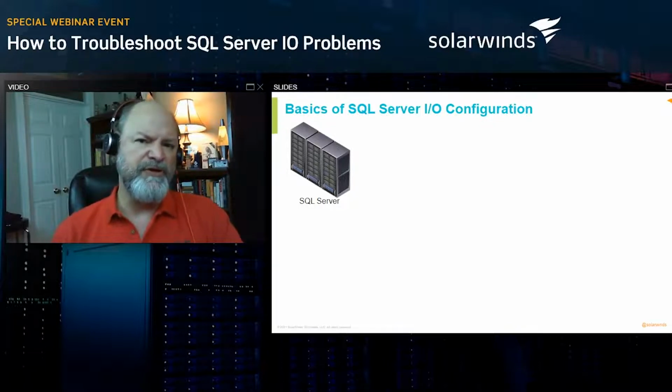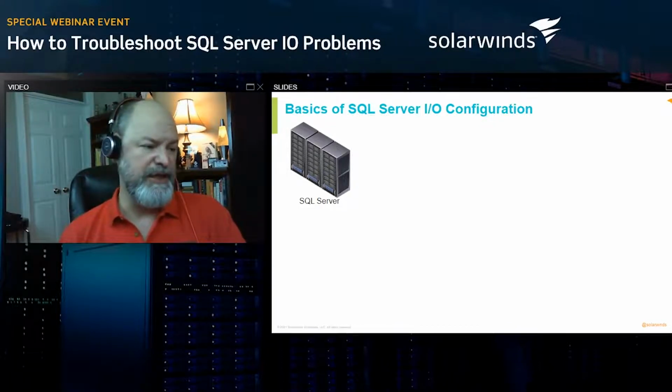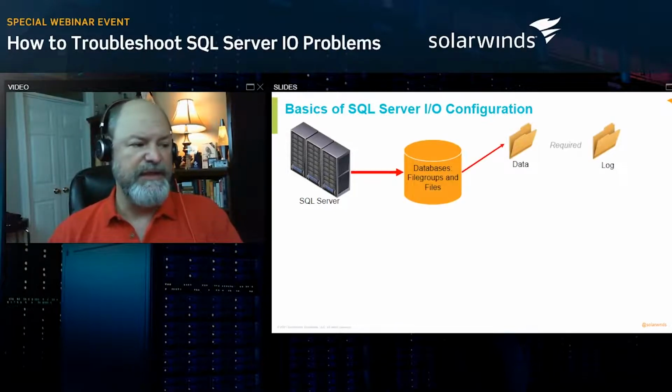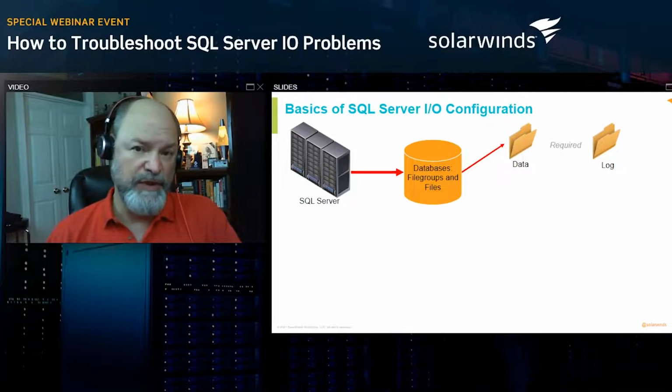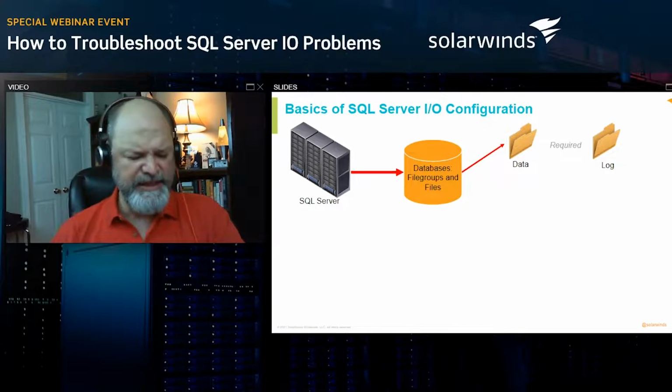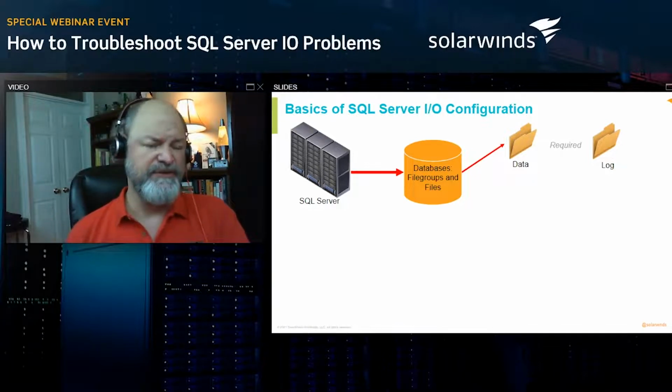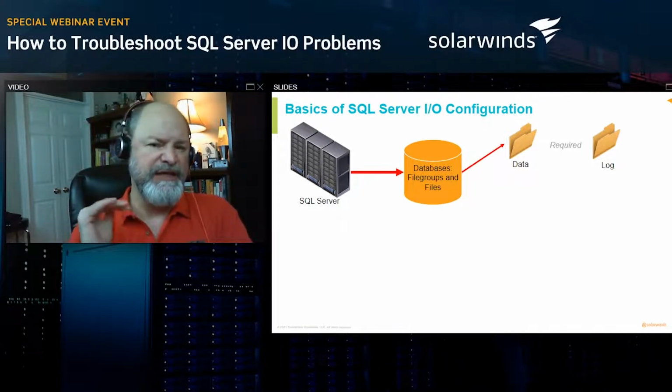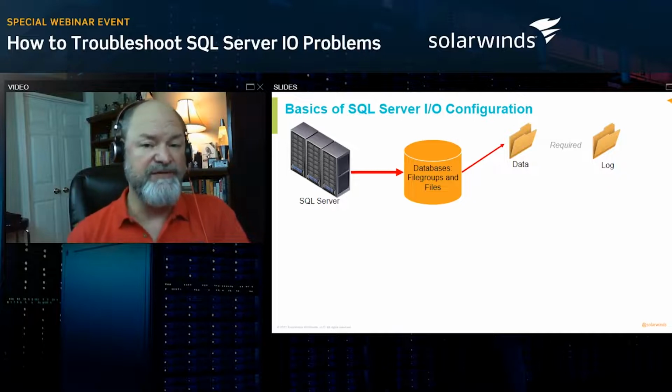Basically, when we set up and configure our SQL Server IOPS, what we need to do is we have our SQL Server, and then every database is going to need at least one data file and one transaction log file. They have inherently different approaches to the way and the kind of data that they write.